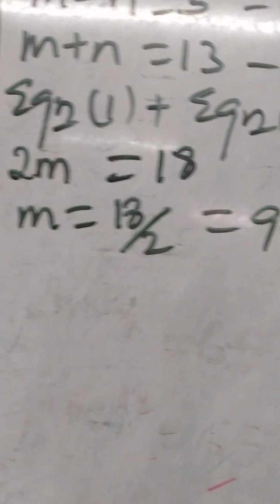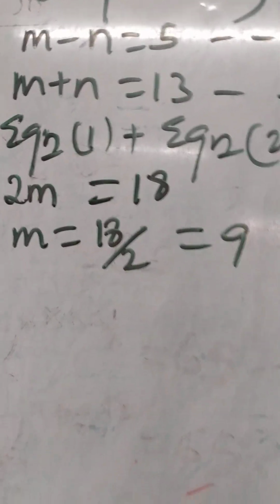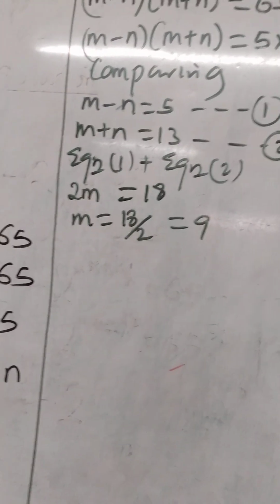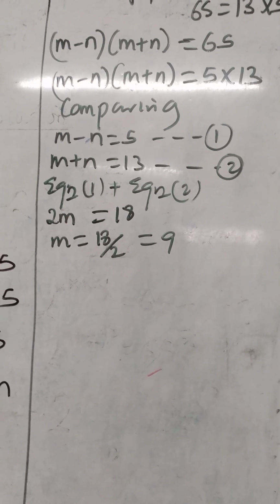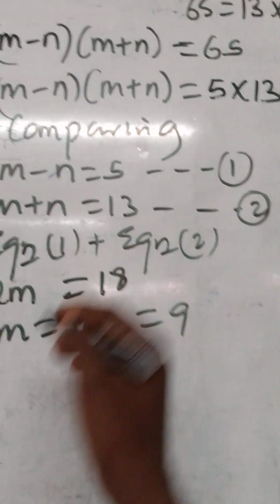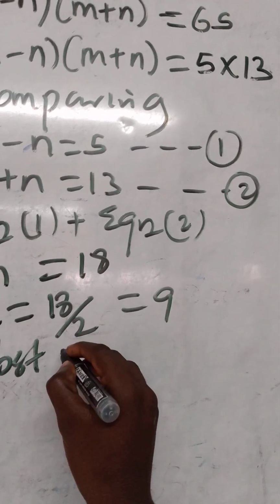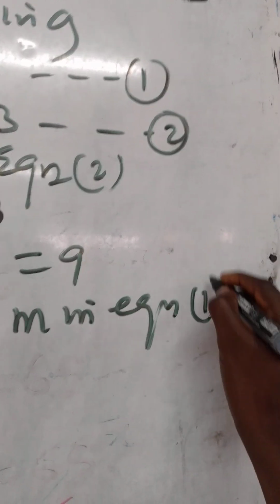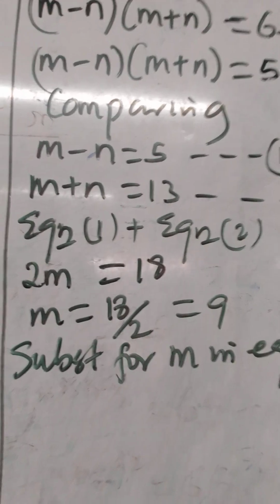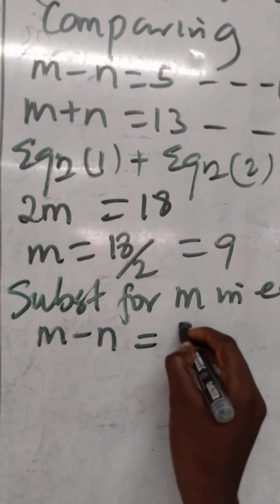That's m. Can I substitute for m in equation 1 or 2 to get my n? I've gotten my m as 9. I want to get my n now. Let me use equation 1, m minus n equals 5.